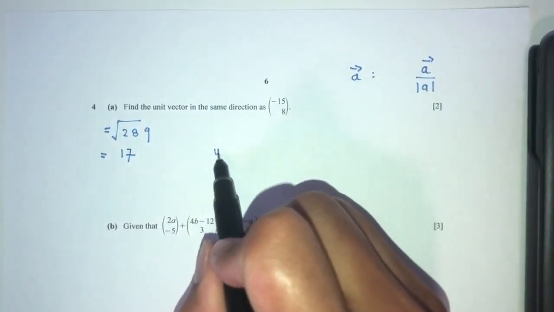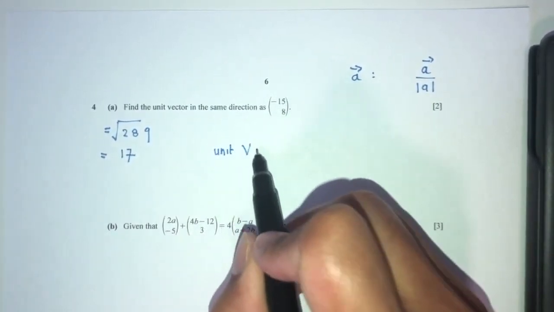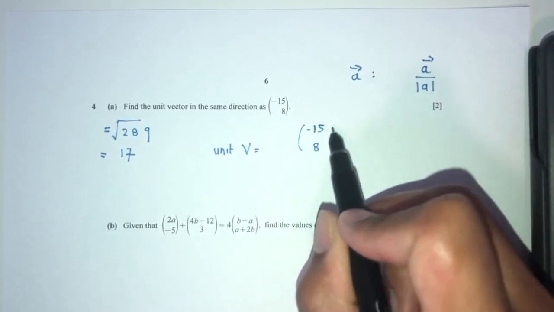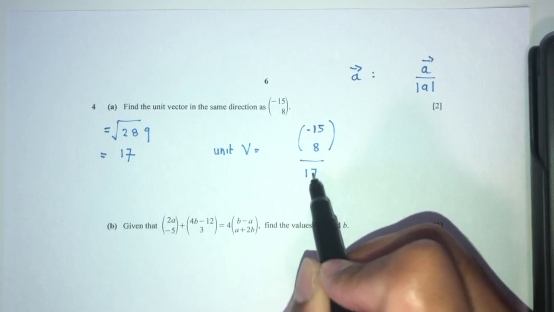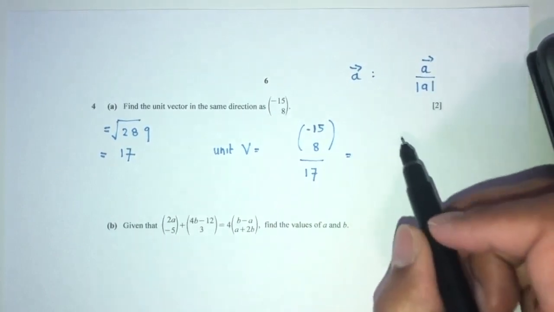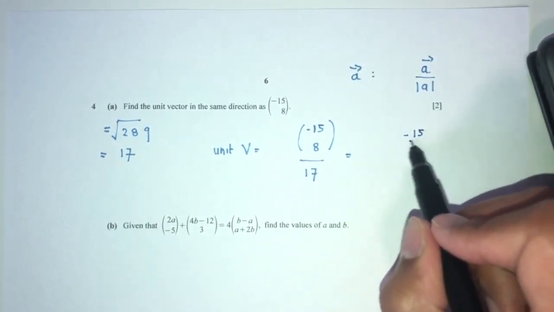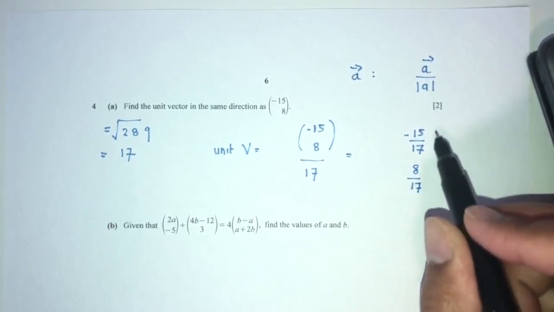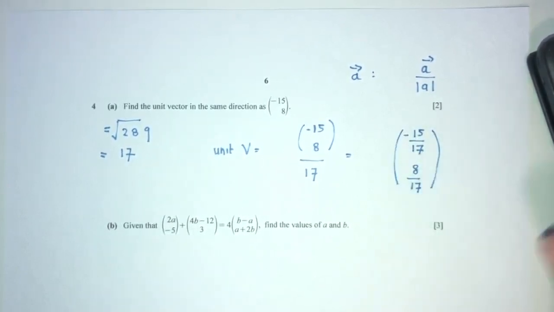So the unit vector has to be the vector itself divided by its amplitude. Obviously, you can simplify. That should be minus 15 over 17, 8 over 17. So these will be the value itself.